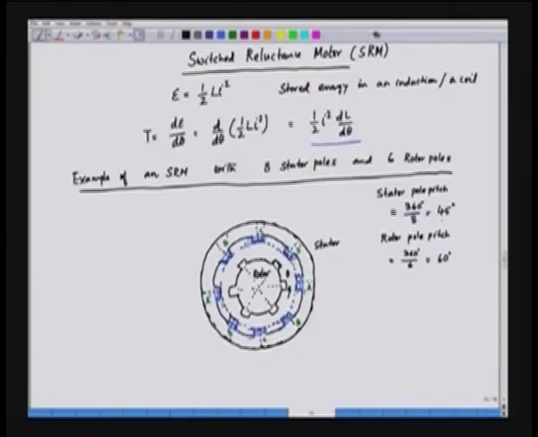So, we have another specification. Stator pole pitch is 45 degree and rotor pole pitch is 60 degree. And we have also been given that pole to pole pitch is equal to 0.4. In fact, we can say pole is something similar to tooth.